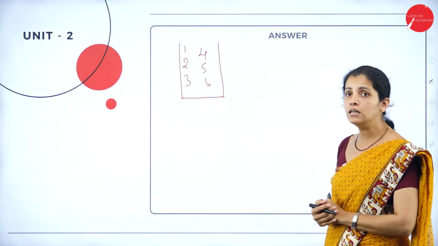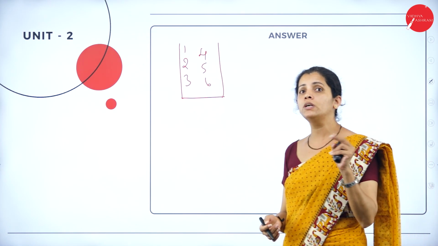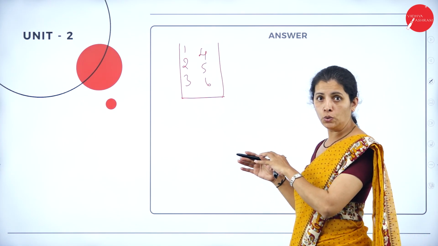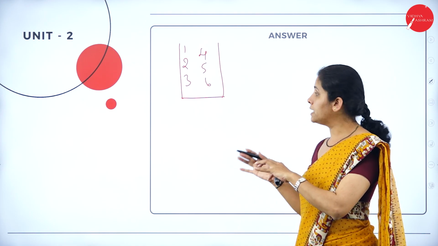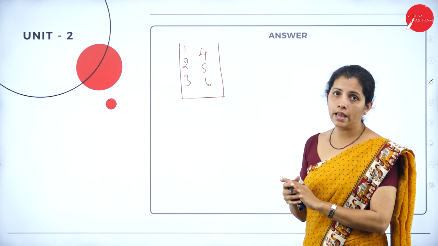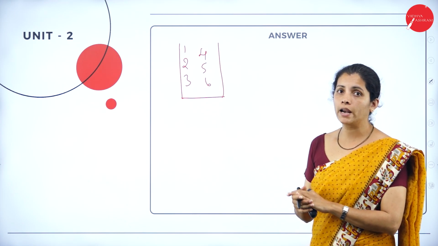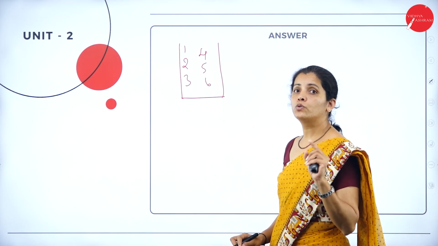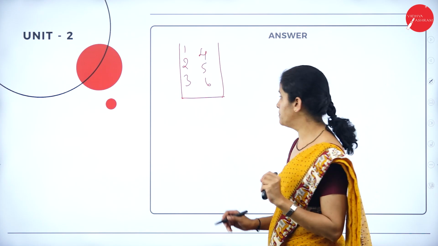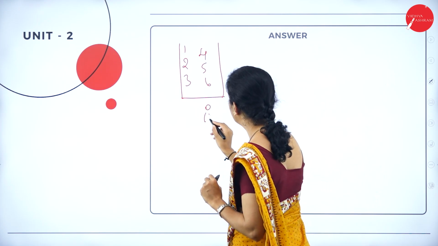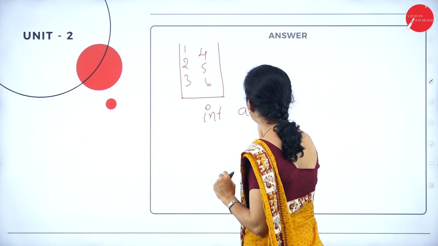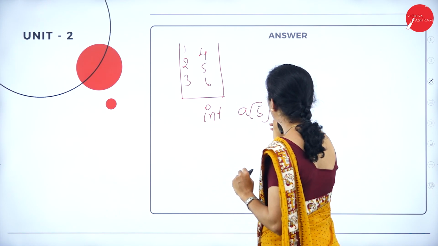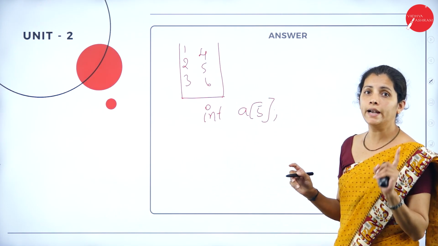And if I consider types of array, there are two types of array according to your syllabus, that is one-dimensional array and two-dimensional array. So, what is a one-dimensional array? I am going to have only one subscript. For example, if I write int a[5], how many subscripts? One index.